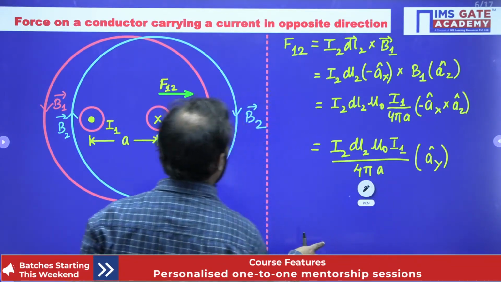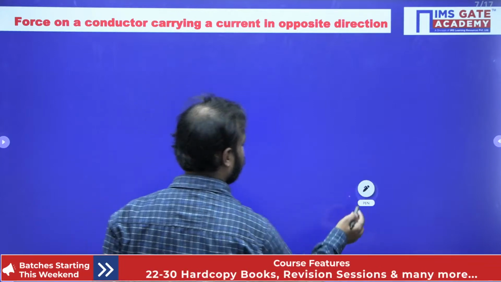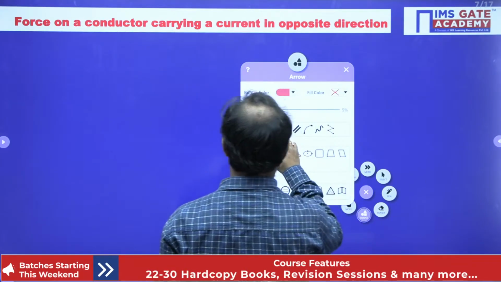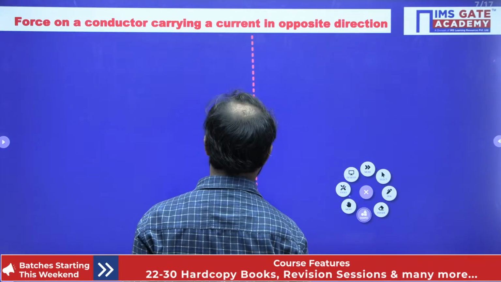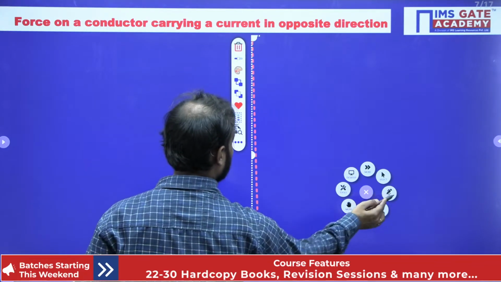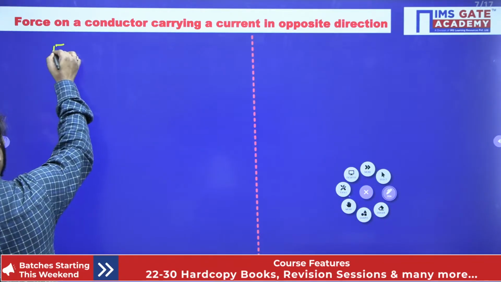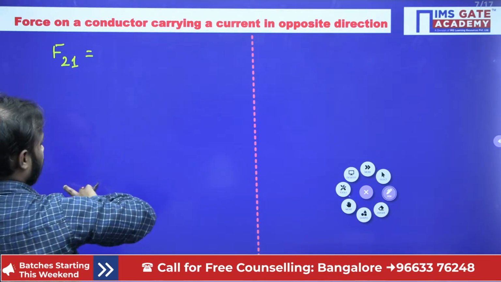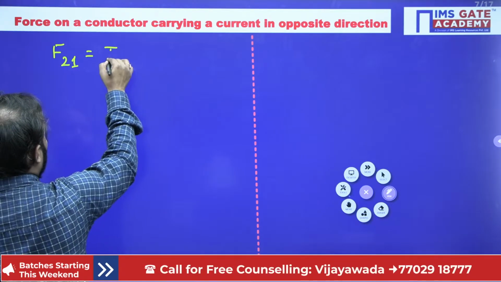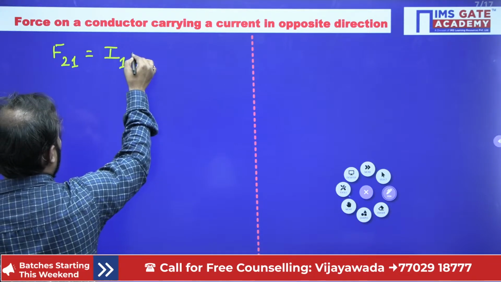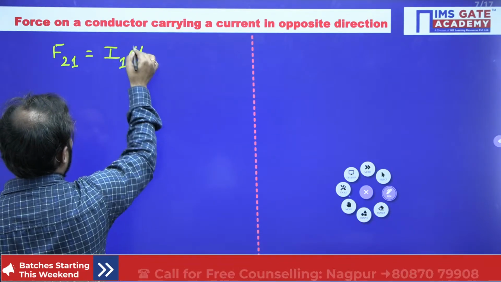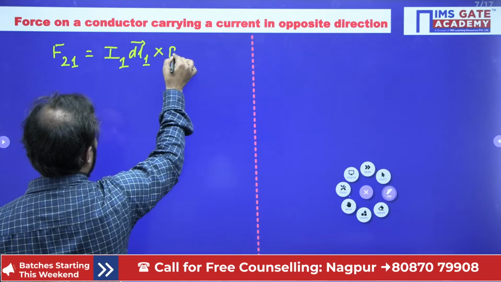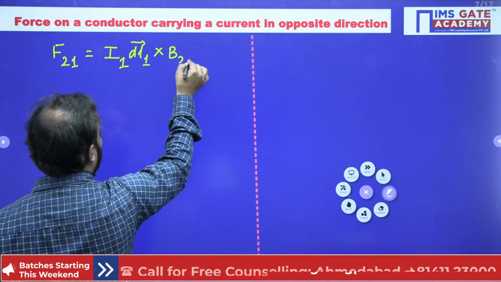Now let us find F21. You will have to take the current element of the first conductor, del L1, into the magnetic field of second, which is B2.